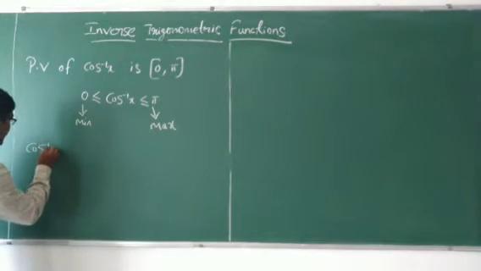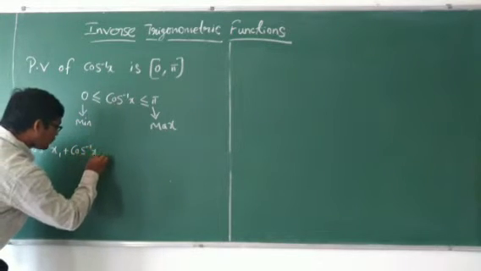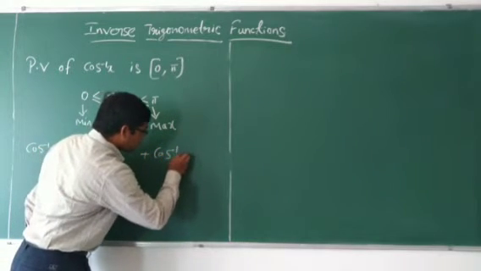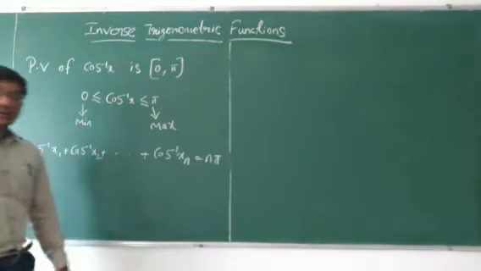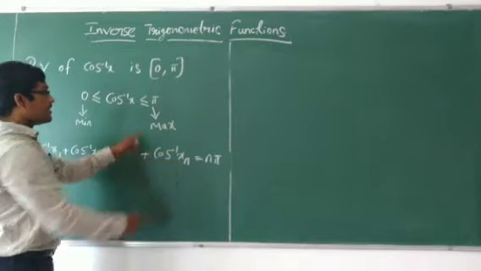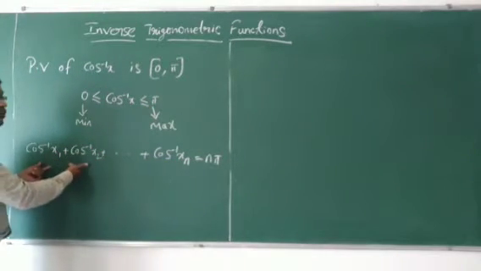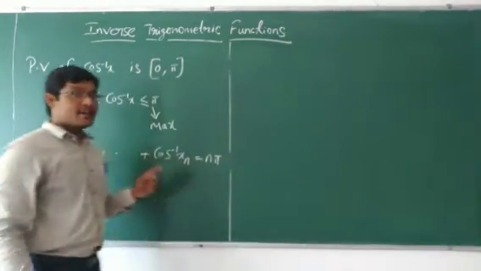So if we write again, cos inverse x1 plus cos inverse x2 plus and so on till cos inverse xn, if this is equal to n times pi, the maximum value of each of these is equal to pi. So when you take the maximum value and add all of these, the resultant will be equal to n pi.